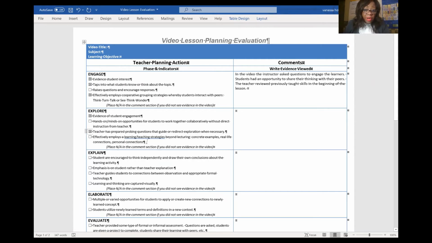Effectively employs a learning teaching strategy beyond lecturing. Okay, yes, and I used concrete examples, real life connections, because I asked them to use the word buzz in a sentence, or tell your shoulder partner a time an insect buzzed in your ear.